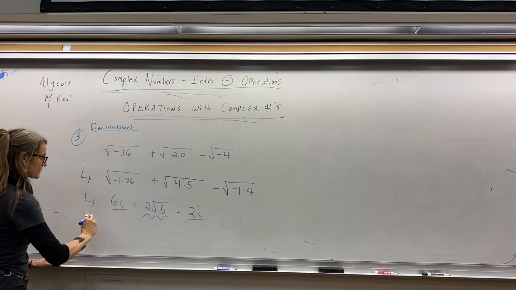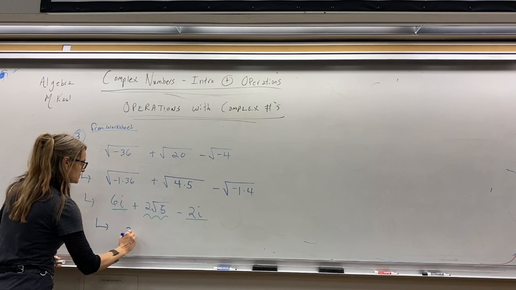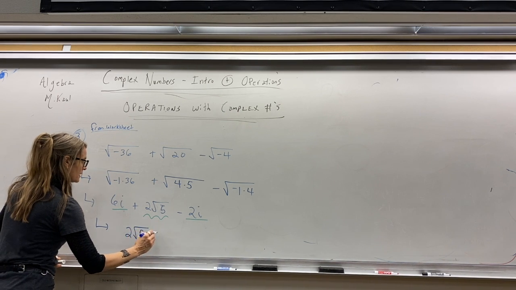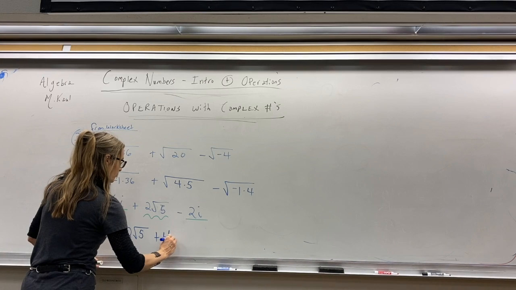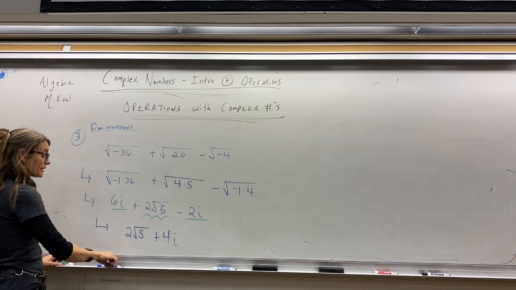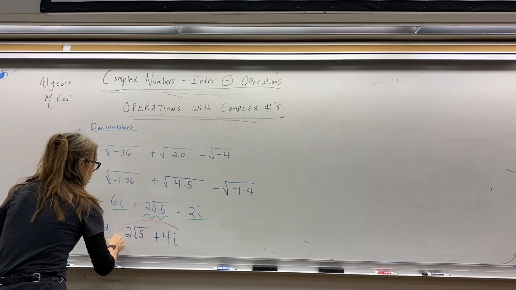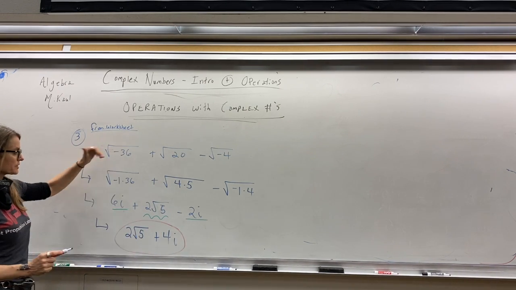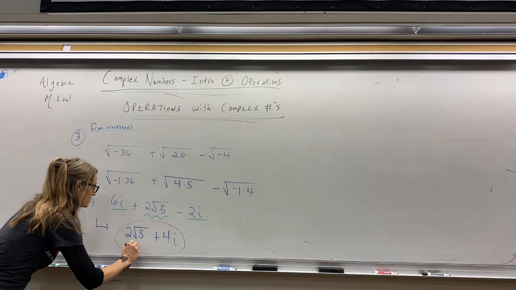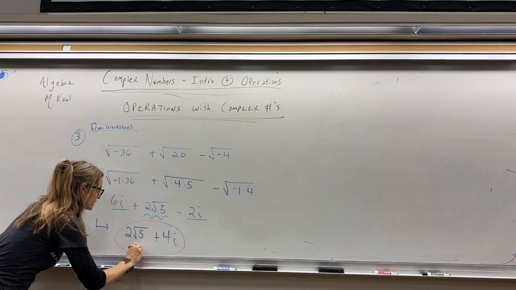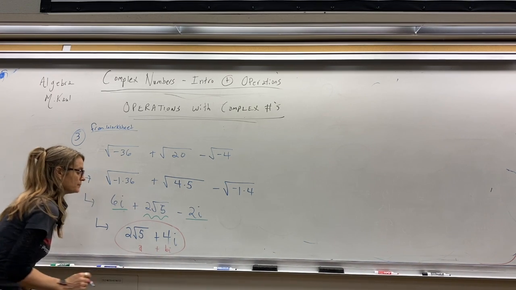I still want to write my real number part out in front, so I'm going to say 2 square roots of 5, and then 6i minus 2i is just plus 4i. And that is my final answer here. You can see I've done a lot of simplification from the original. And that's my a plus bi form, even though it has a root in it.